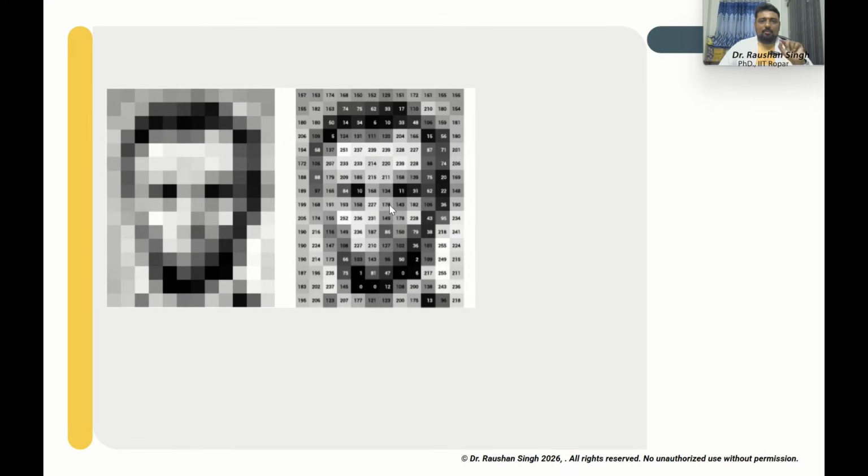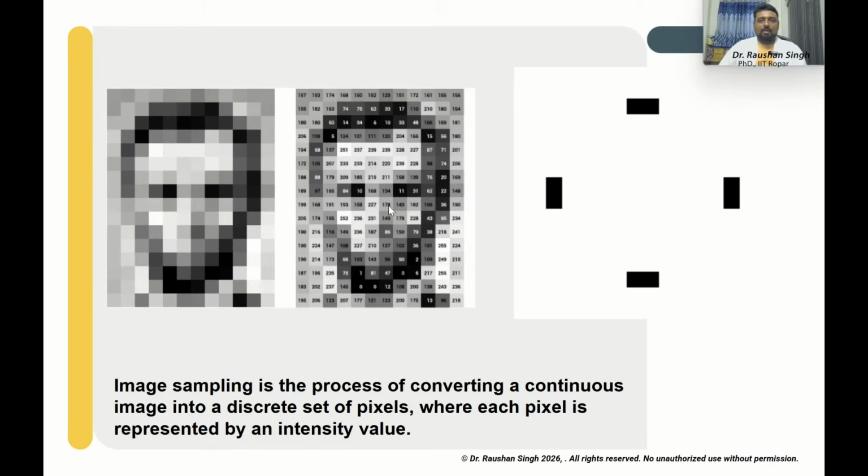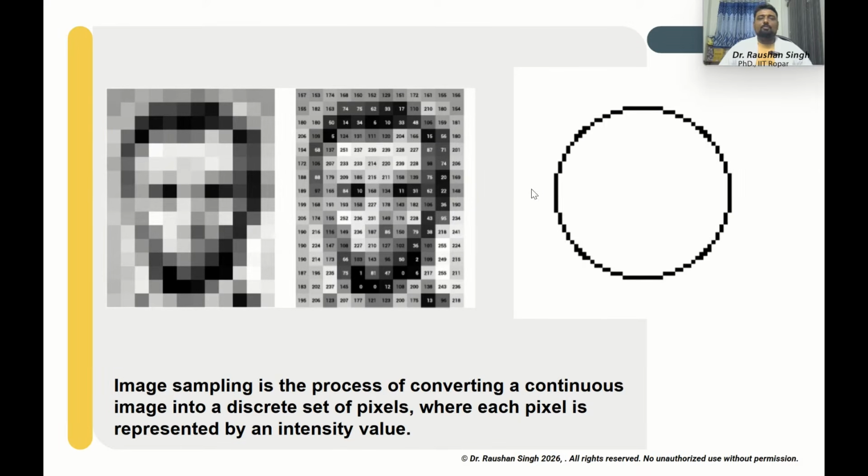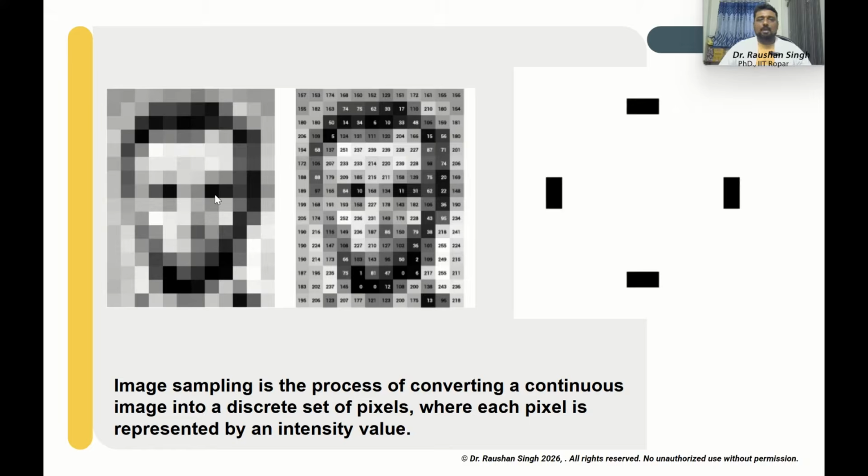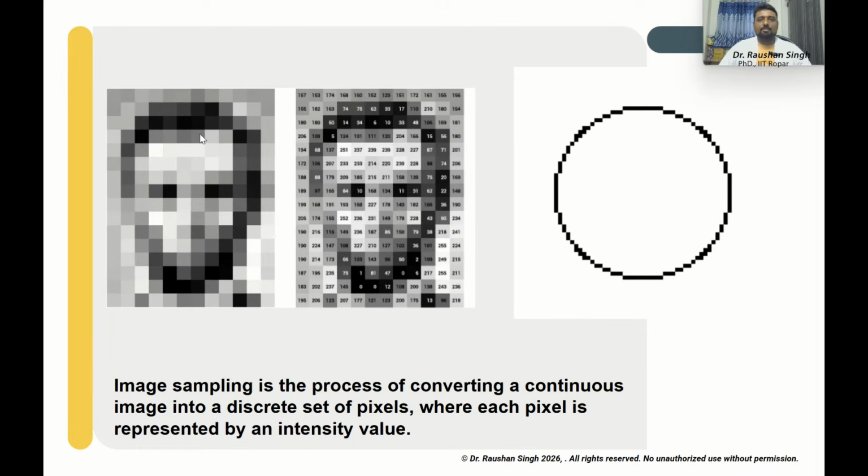For each image some intensity values will be there, which we will see in the next resolution part. But here you can see, to have a meaningful understanding of the image, you should have more pixels. This image is not clear to you because pixels are fewer. When the pixels increase, you will be able to correctly see this image.